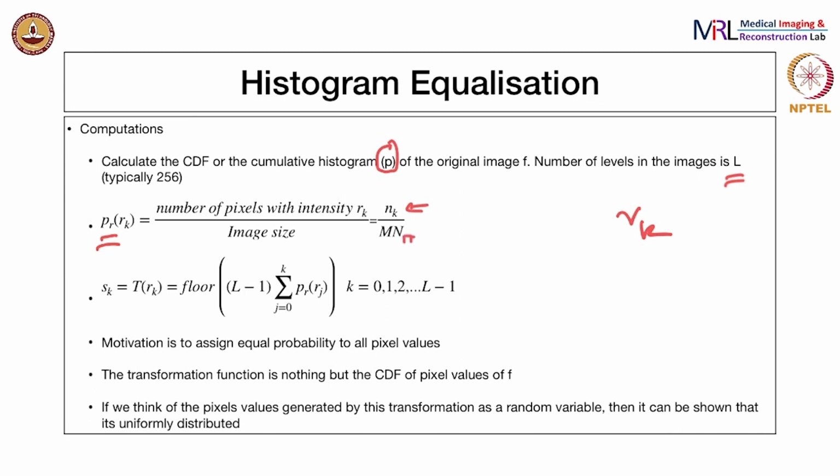M times N is the size of the image, M rows and N columns, so that's the total number of pixels. We can then find Sk as this finite sum. So the integral is replaced by a summation in the case of a discretized image. This process is implemented for histogram equalization.